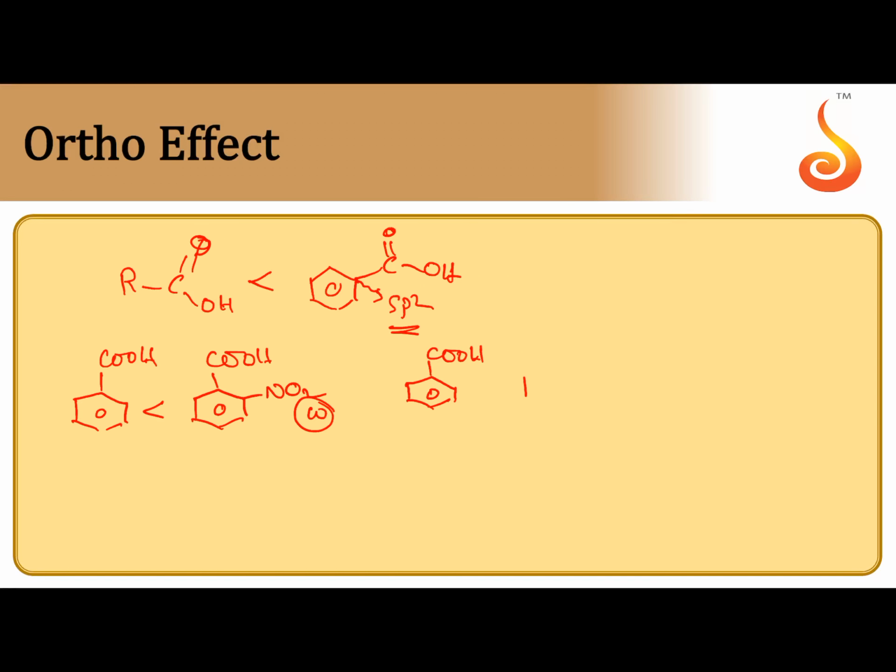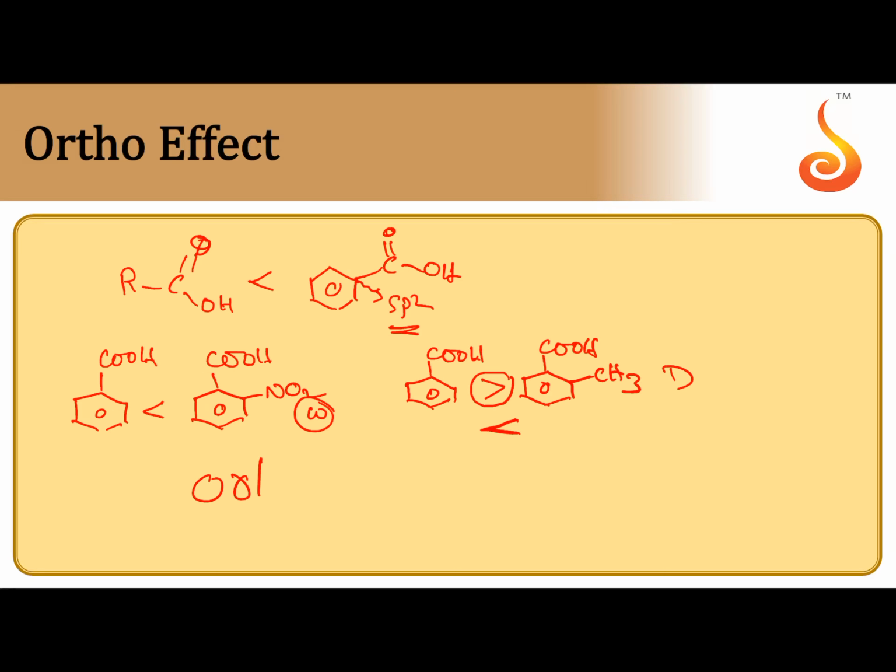Let us take another example, benzoic acid and orthotoluic acid. At ortho position, we are keeping CH3. So generally CH3, since it is acting as donating group by plus R effect, we can think orthotoluic acid is weaker acid. But experimentally, we came to know that orthotoluic acid itself is more acidic than benzoic acid.